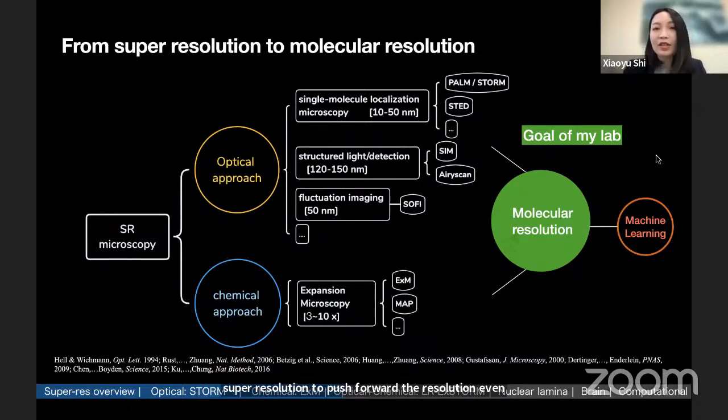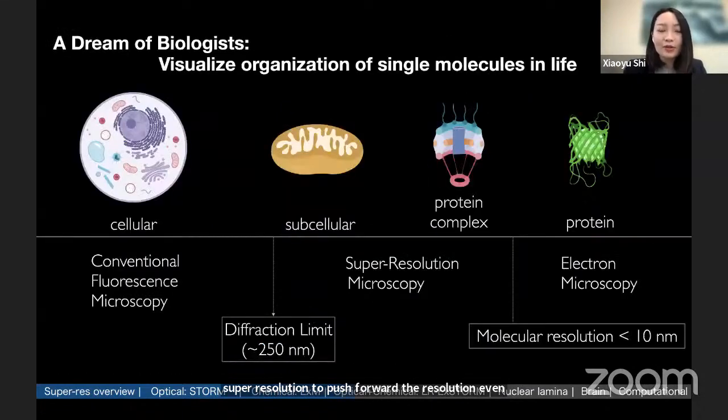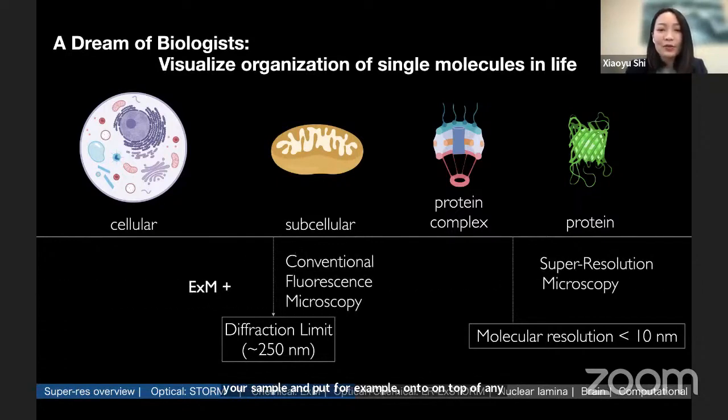With that, the combination is easy or straightforward, because it's basically just expanding your sample and putting your sample on top of any microscope. And if that is successful, you basically can push the resolution of optical microscopy to the molecular resolution regime, and push the conventional microscope resolution to the super resolution regime.